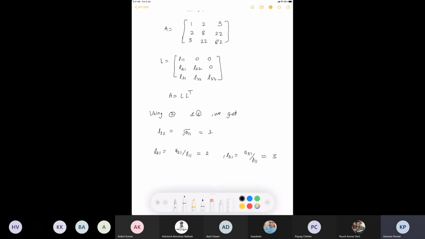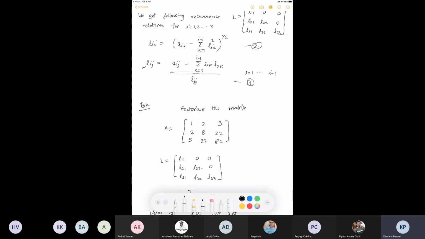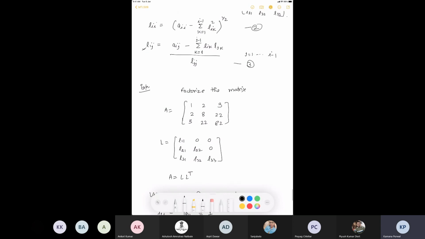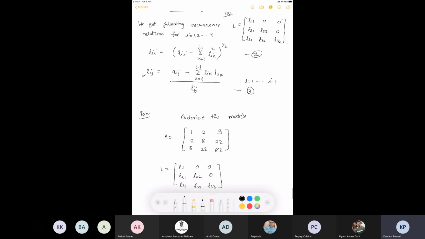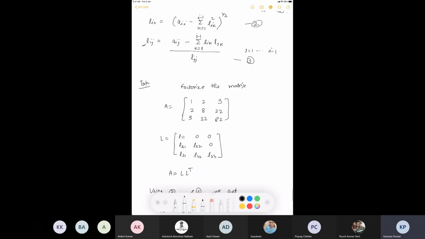So basically we have found the first column of the lower triangular matrix L. Now you can compute L22, and then use L22 to compute the rest of the two entries. Likewise, using 2, we can compute L22. So this is going to be A22 minus, now i is 2, so this is going to be L21 square.